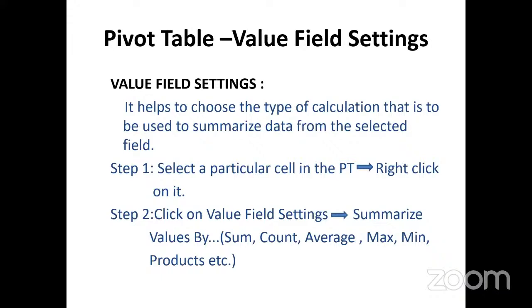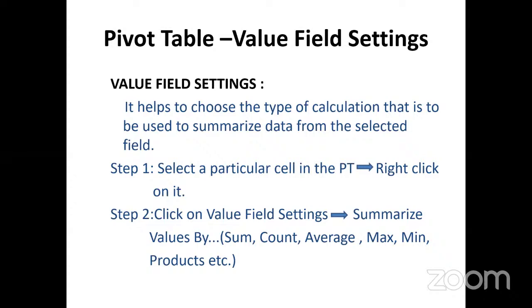Now, this is a very interesting thing, which we call value field settings. Generally in the pivot table, we have to select a particular cell. That is step one. Select a particular cell in the PT. PT stands for the pivot table here, and we have to right click on it. And then we can arrange the pivot table, I mean, how we want to summarize our values. Mainly, it's data summarization.